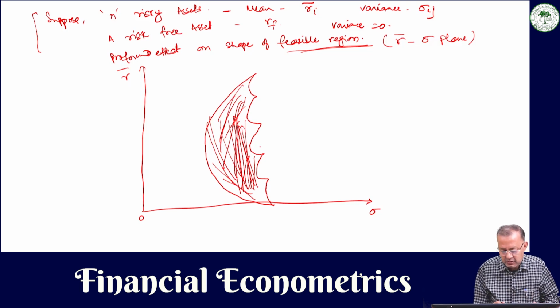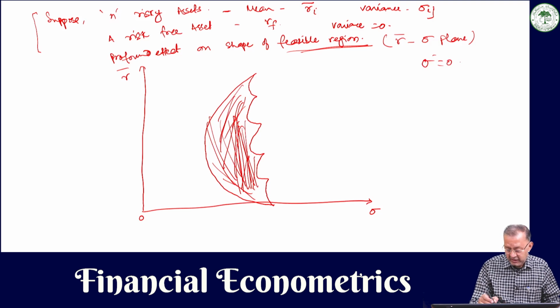Now suppose we make a combination of this risky asset with one risk-free asset. For the risk-free asset, sigma is equal to 0. So the risky assets will be determined within this feasible region.